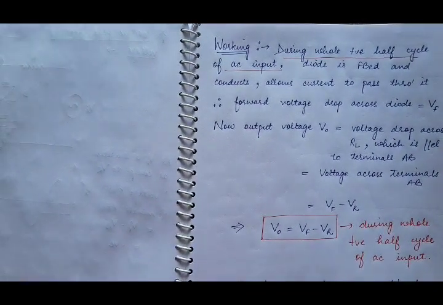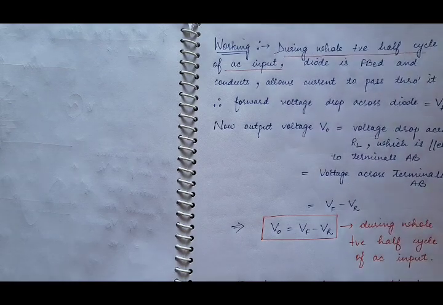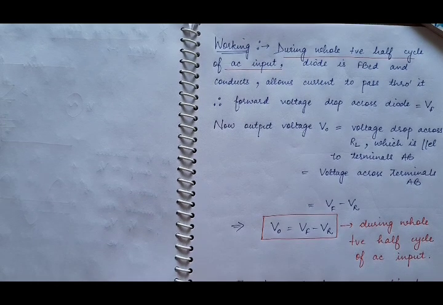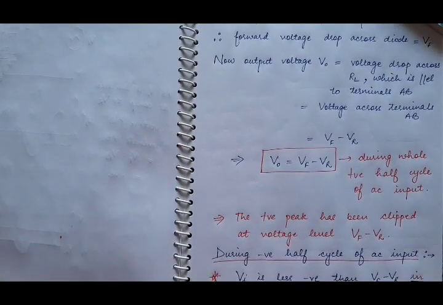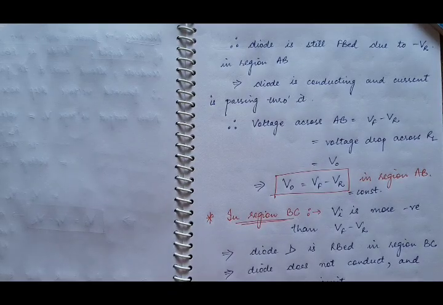This is during the first positive half cycle of AC input. Then during the negative half cycle of AC input, there are various regions. We have divided this negative half cycle. So this is the behavior of the circuit during the negative half cycle.